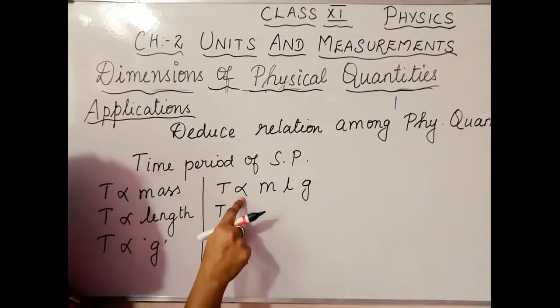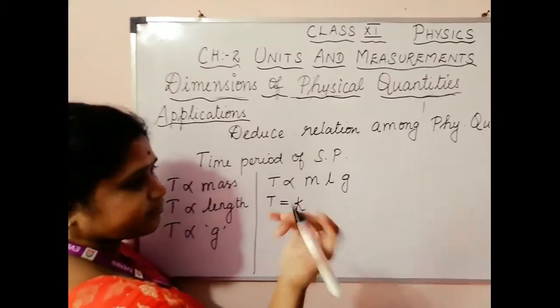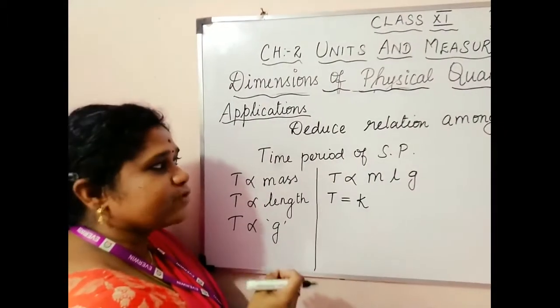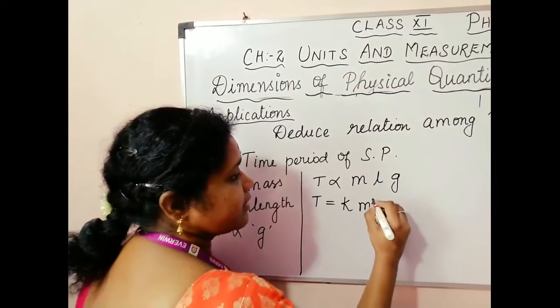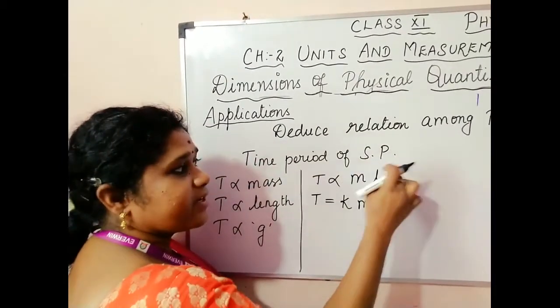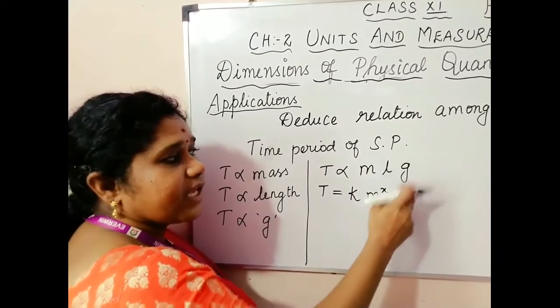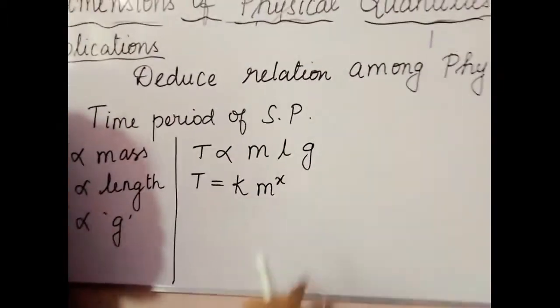And this is proportionality, so you have to introduce a constant, that is K. We don't know which constant; we cannot find the constant by using the dimensional formula. What is the power? The dimensions of mass, length and acceleration due to gravity we don't know. We are going to find out.